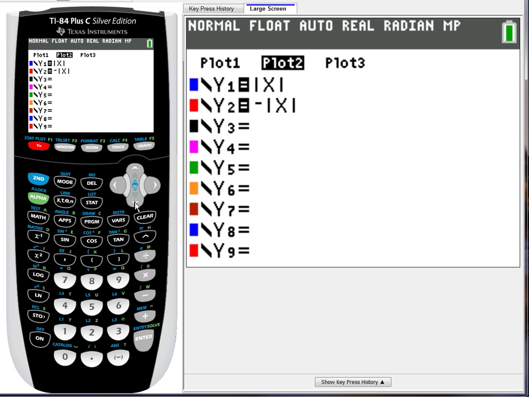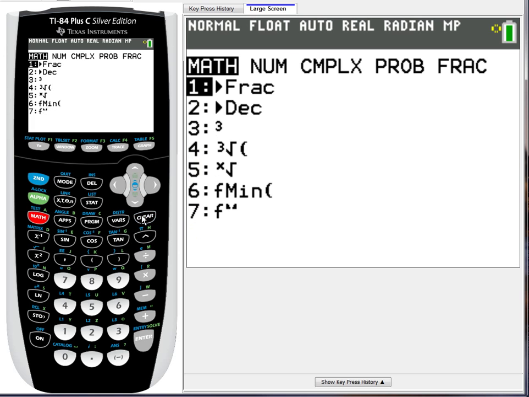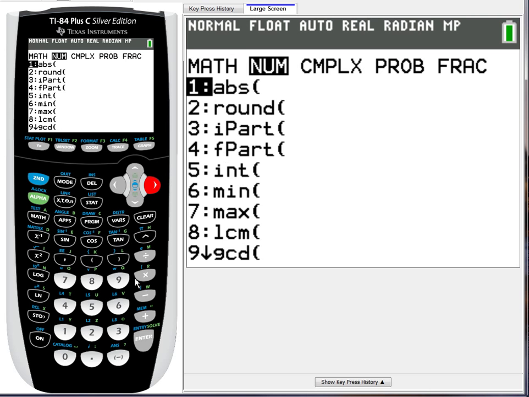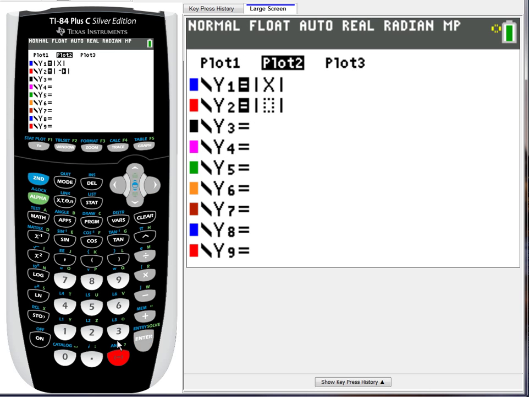Back to y equals. I'm going to clear out that red function. So now I'm going to put the absolute value of negative x. Okay, the negative is inside the function. Let's look at what happens.